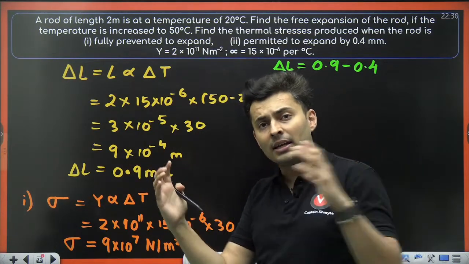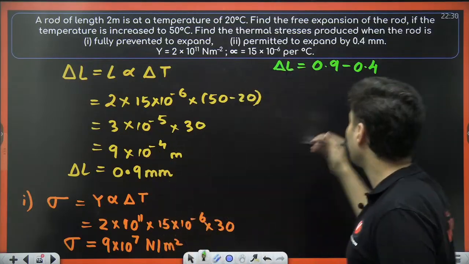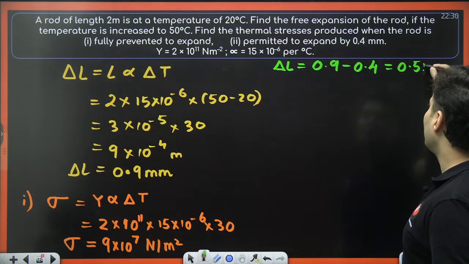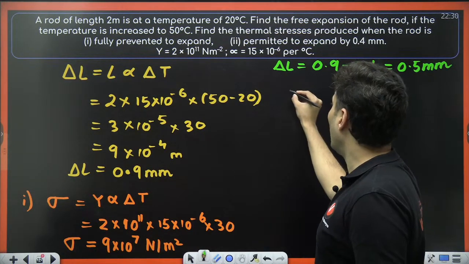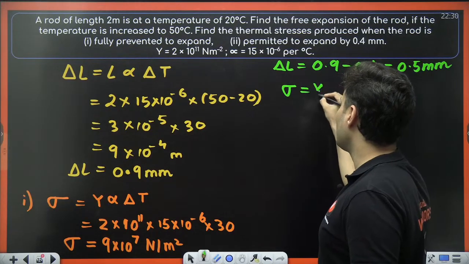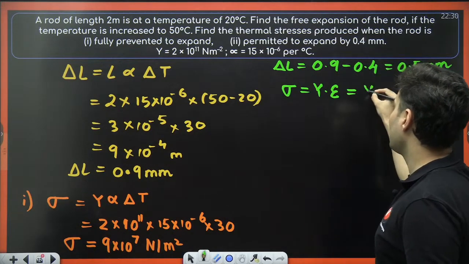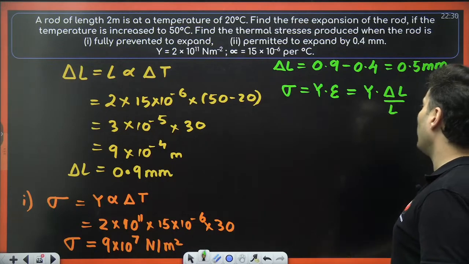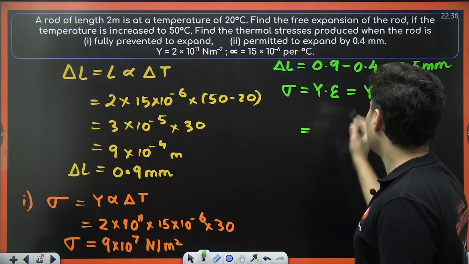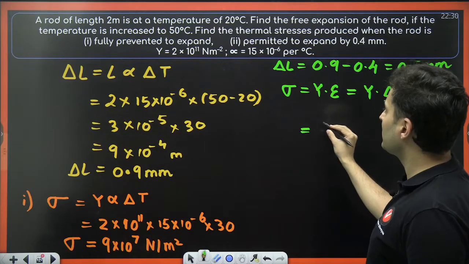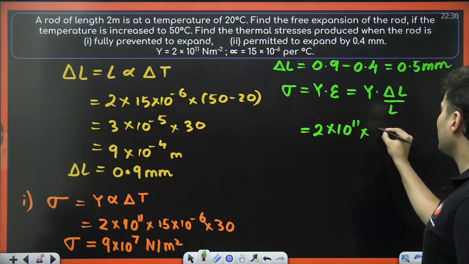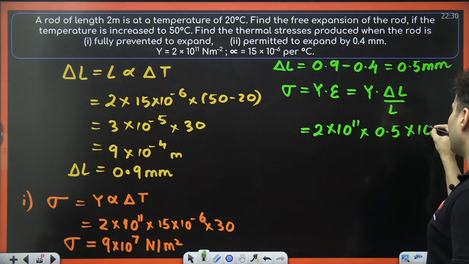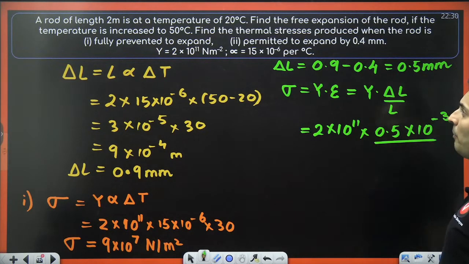So from 0.9, you have compressed it by 0.5 millimeters. Remember, the stress will be Young's modulus into strain, which is Young's modulus into change in length upon original length. Young's modulus is 2 into 10 to the power 11, delta L is 0.5 of a millimeter, that means into 10 to the power minus 3, upon original length, which is basically 2.